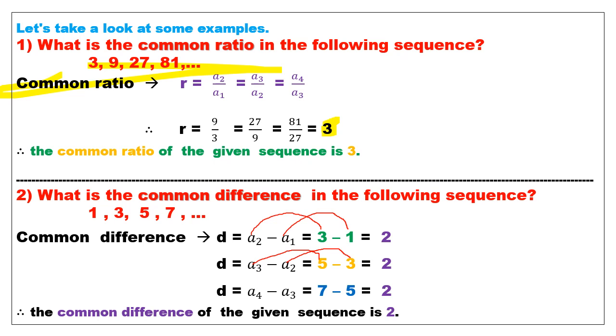Same as, common difference equals fourth term minus third term. Here the fourth term is 7 minus a3 value, that means third term of the sequence is 5. Now subtract 7 minus 5, the result is 2. Therefore, the common difference of the given sequence is 2.